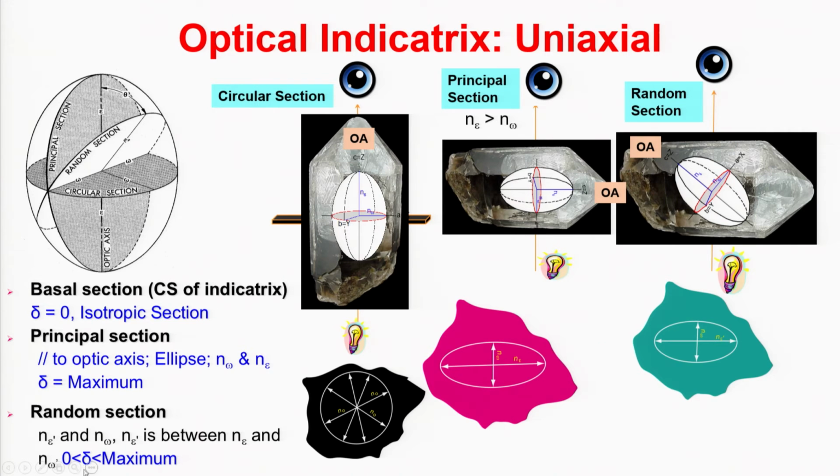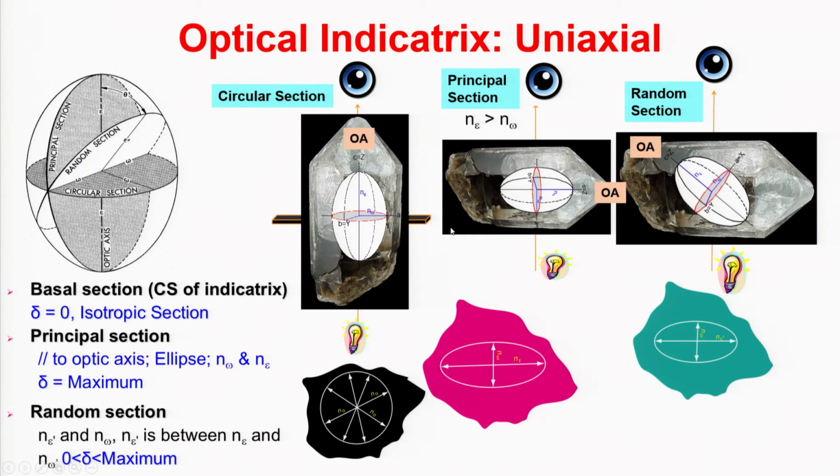So, it is a value between 0 and the maximum value. In those optic orientations, the order of interference color will be lower than the true order of interference color of a uniaxial mineral.